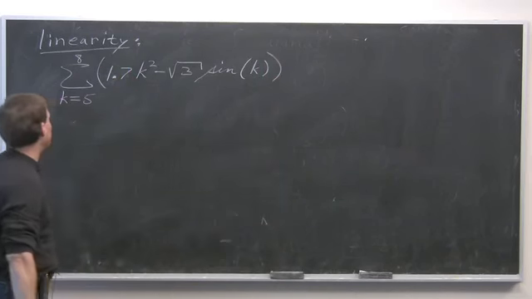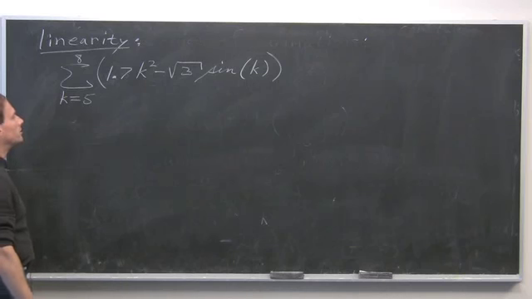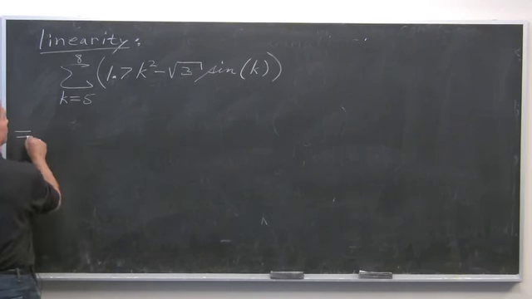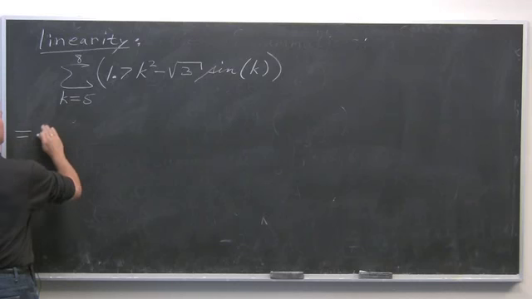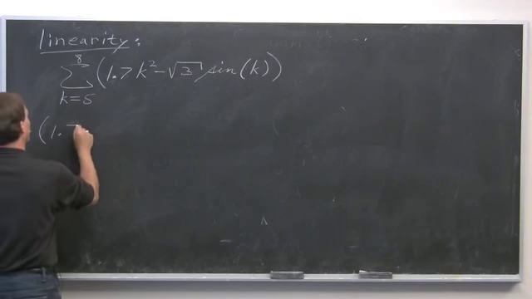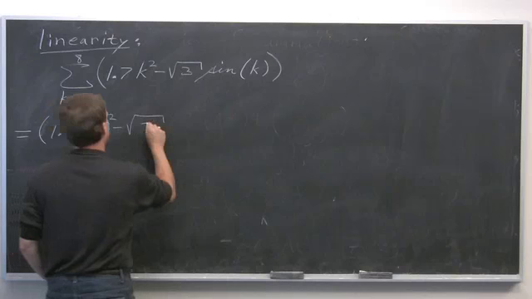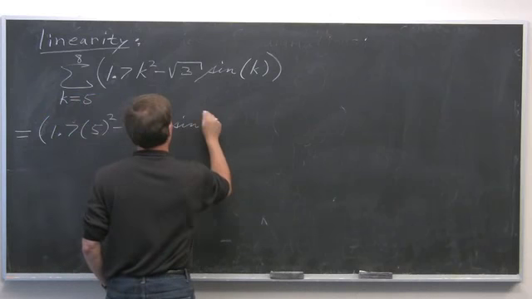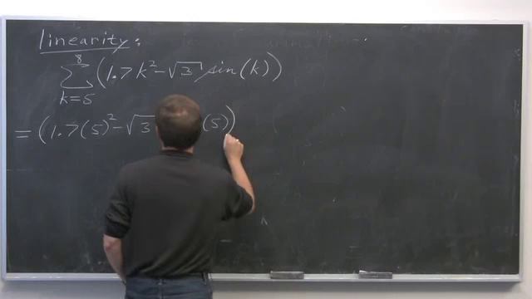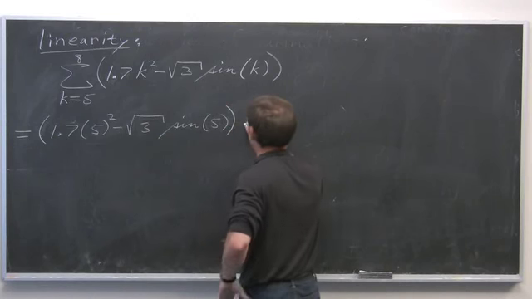Suppose I take this sum. What is it? Well, if you write it out, it's 1.7 times 5 squared minus the square root of 3 times the sine of 5, because you put in k as 5. Then you add to that what you get when k is 6.